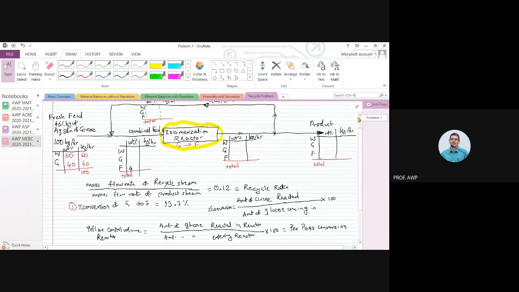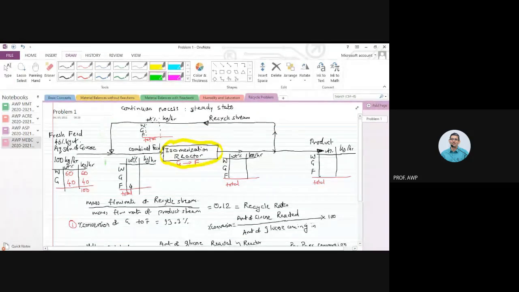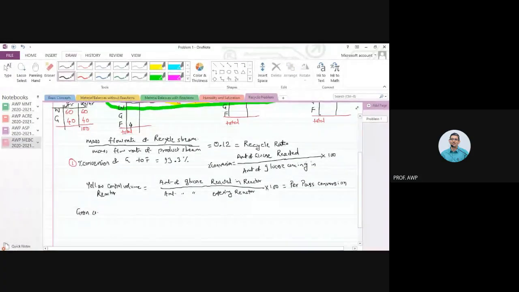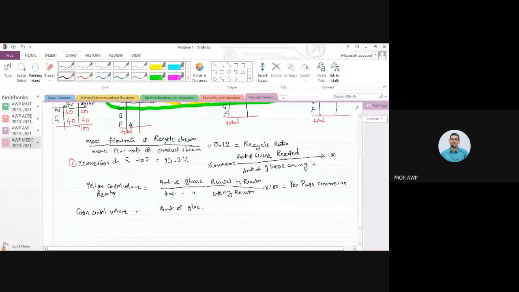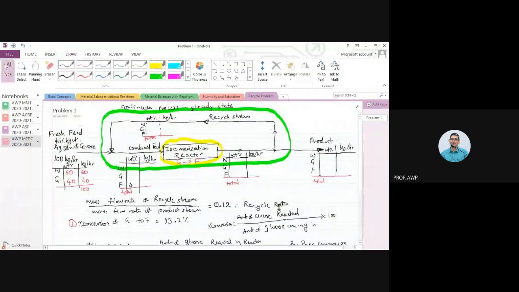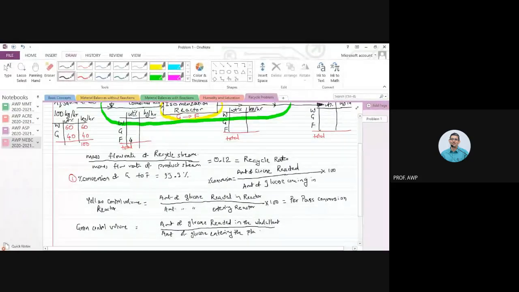Whereas if you look at it as a whole plant as a control volume, let's say this green control volume, we could write it as amount of glucose reacted in the whole plant, and there's only one place that glucose is reacting in the plant, that is the reactor, divided by this amount of glucose entering the plant, that means the green control volume, into 100.